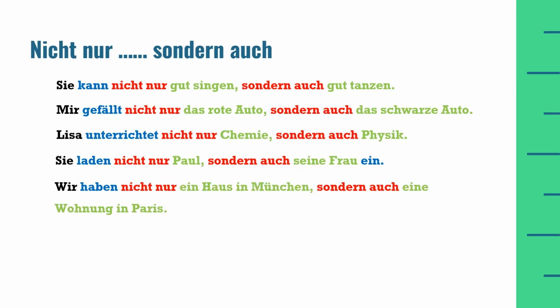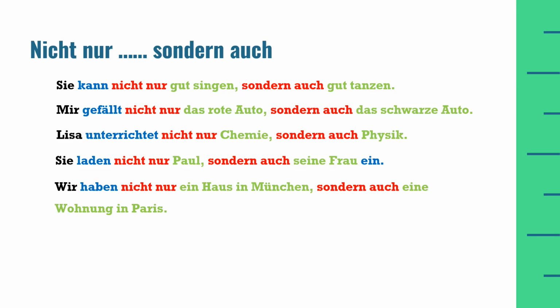Another example: Wir haben nicht nur ein Haus in München, sondern auch eine Wohnung in Paris. We not only have a house in Munich, but also an apartment in Paris. Again, we start the sentence with the subject wir, then comes the verb, which is haben.